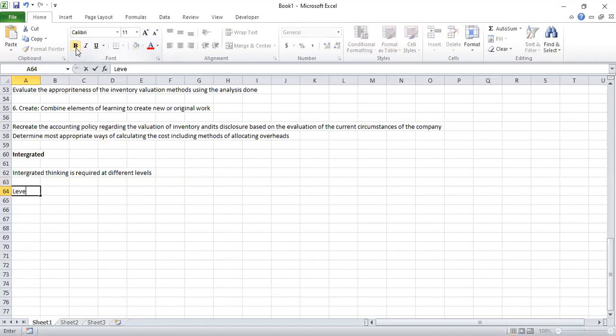Level 1: principles of a topic may be integrated. So you might be facing a lot of concepts that are related to a specific topic in one.